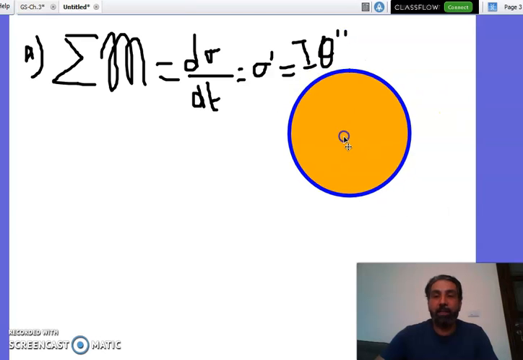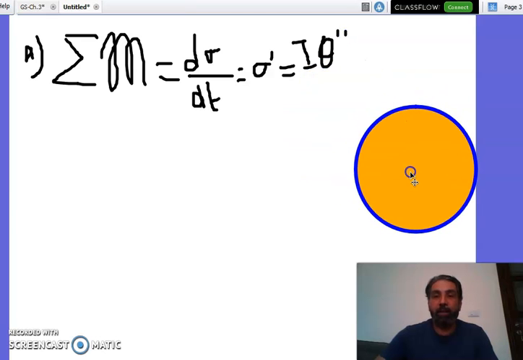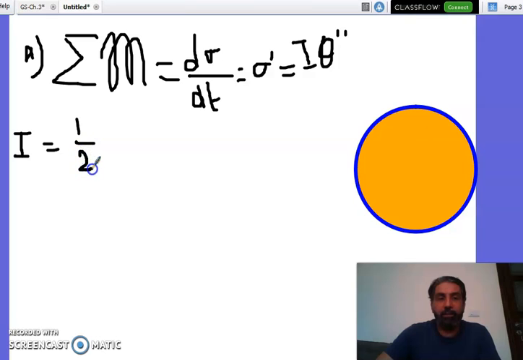Let me displace this here. Okay, good. So for the disk we must have I equal, this must be given in the exam, okay, half m r squared.